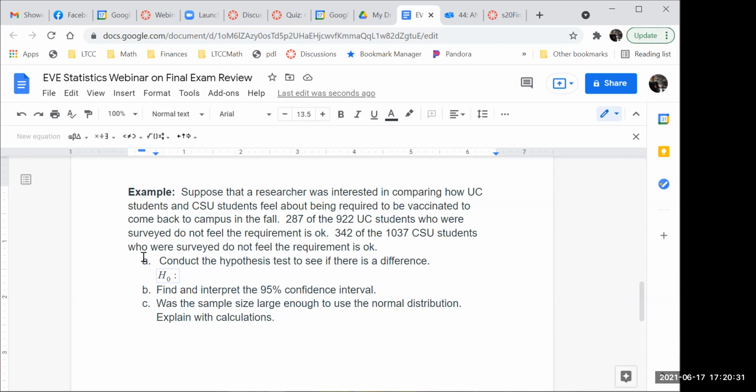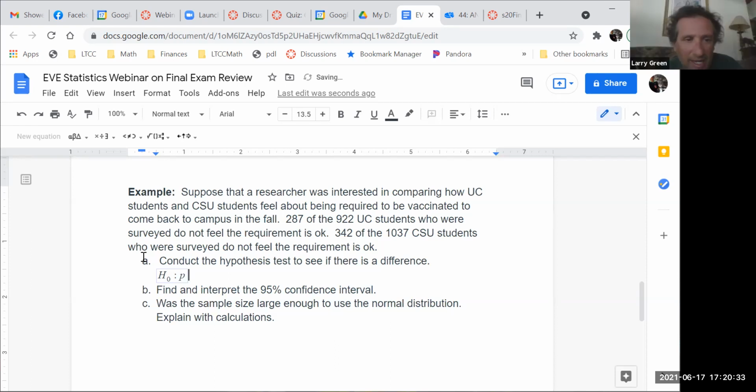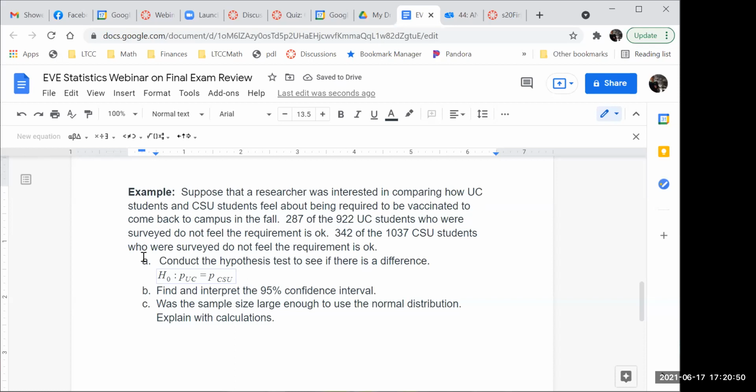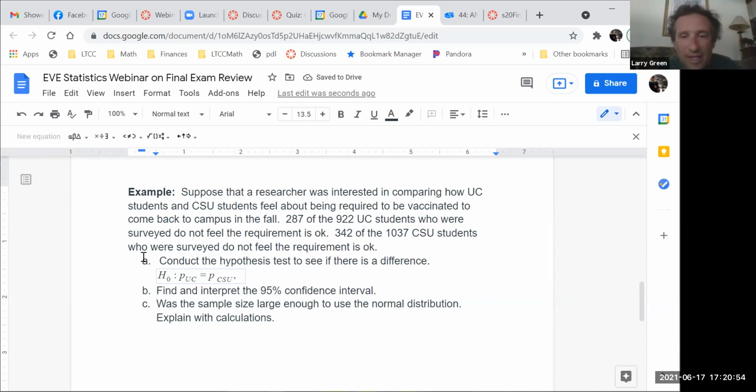P1 equals P2. Yeah, now I'm going to go P UC because it's easier to understand. Equals P CSU. Can't you just use P1 equals P2? You can. I think the way I've written it is easier to understand what this means.